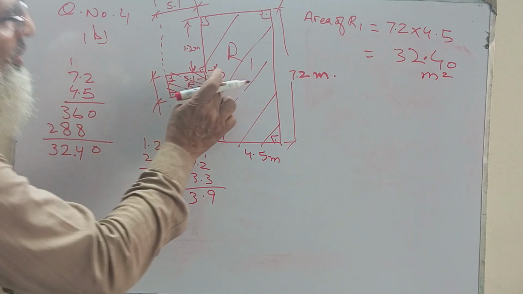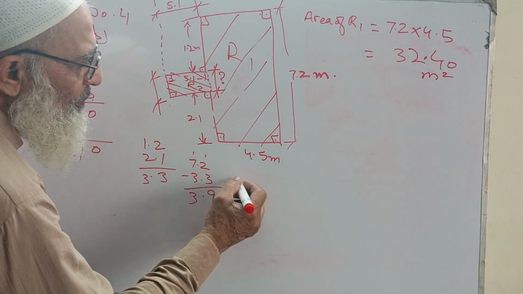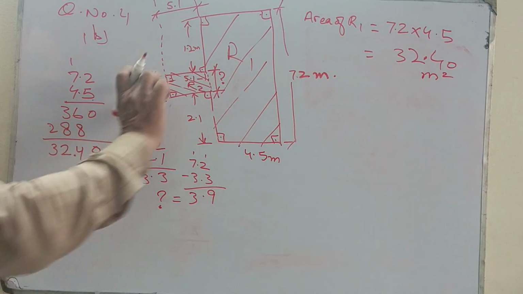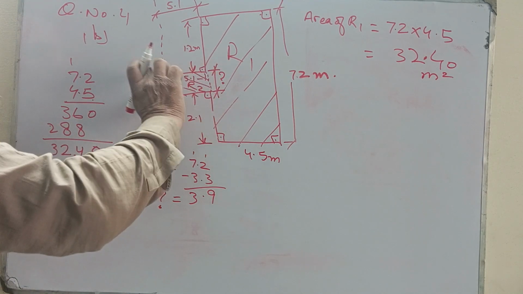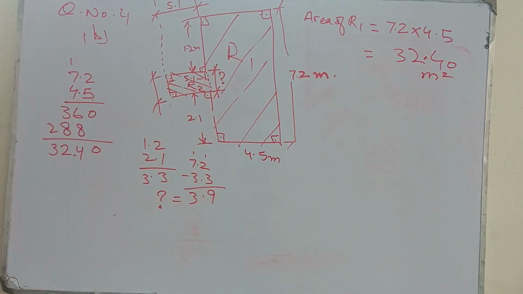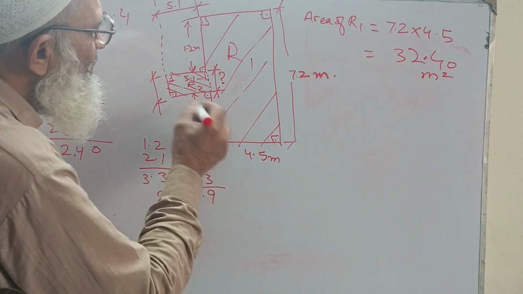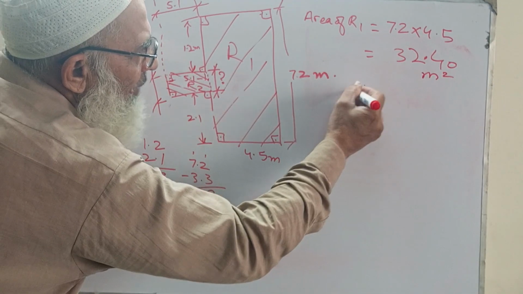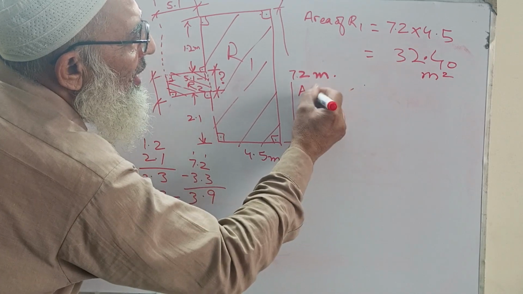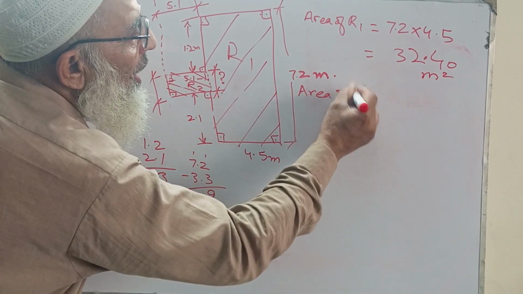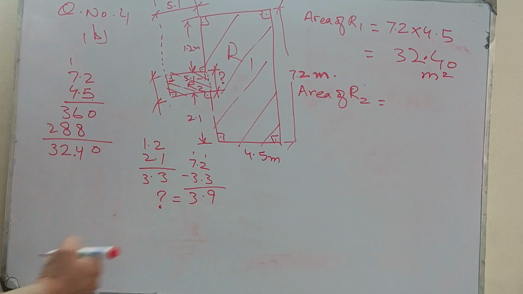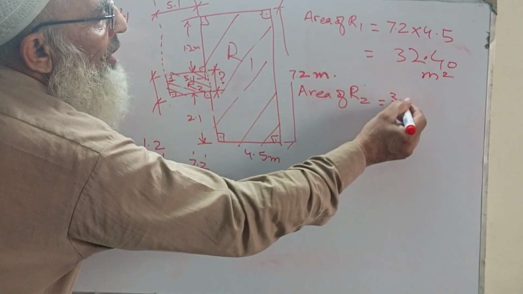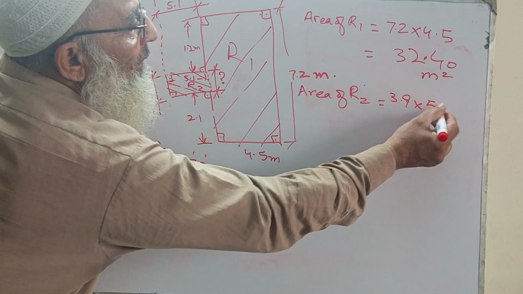Now this question mark is 3.9. This is the smaller side, 3.9. Now 3.9 multiplied by 5.1, which is also given. Area of R2 is equal to 3.9 multiplied by 5.1.